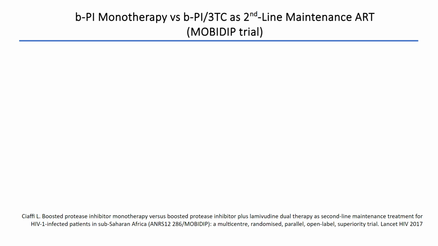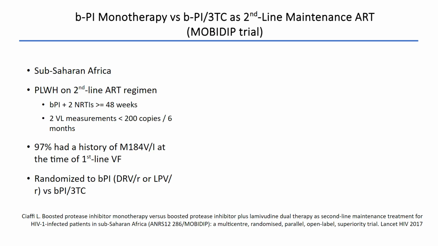A third clinical trial, which demonstrated the benefit of 3TC despite the presence of M184V, was the Moby-Dip study. The study population included individuals in sub-Saharan Africa who were virologically suppressed for 6 or more months on a second-line regimen containing either boosted lopinavir or boosted darunavir.